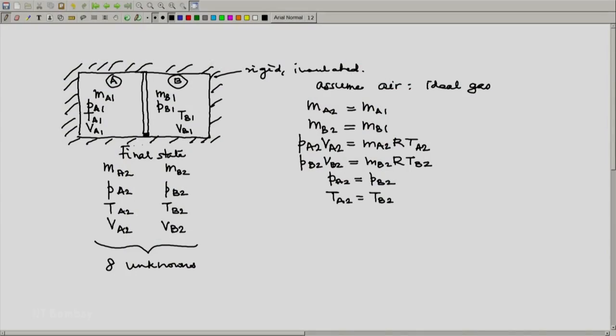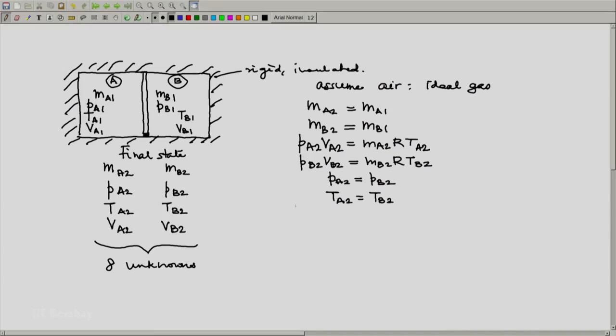One is the full system is rigid. Consequently, the volumes of the individual subsystems may change. VA may undergo a change, VB may undergo a change, but the total volume remains unchanged. So we will have the final volume of the system equals initial volume of the system.